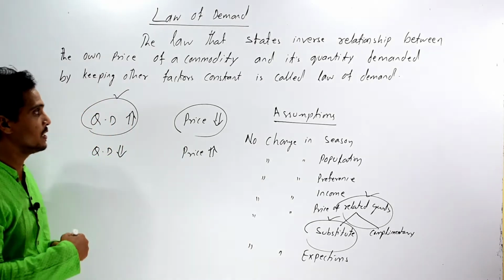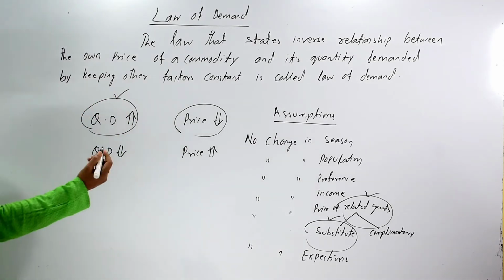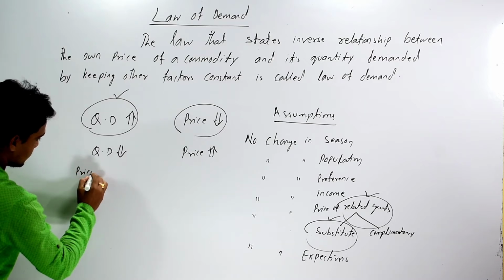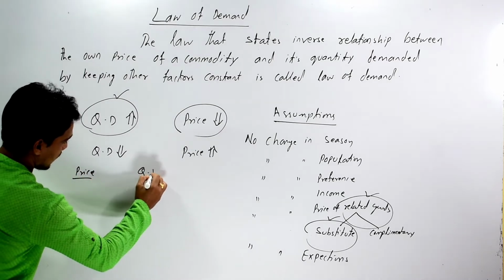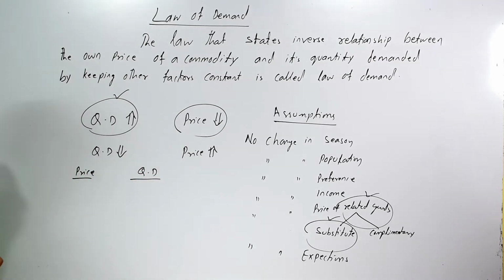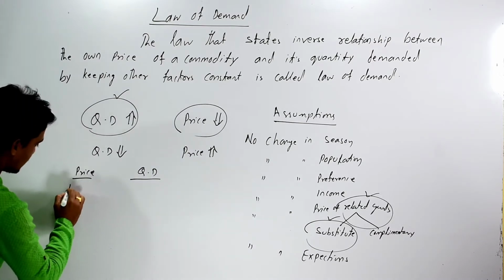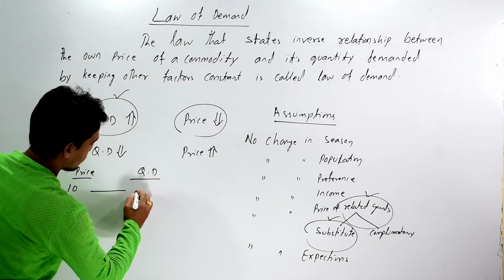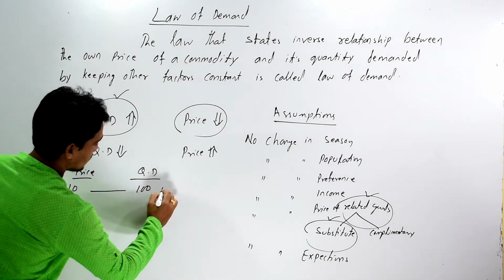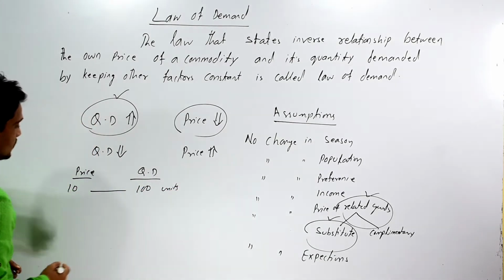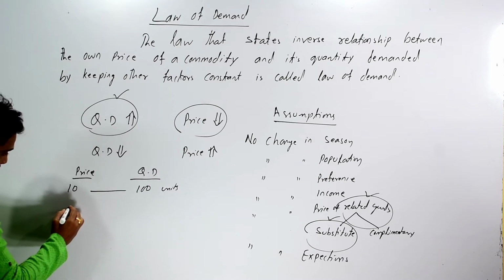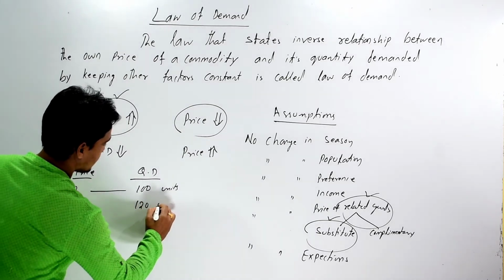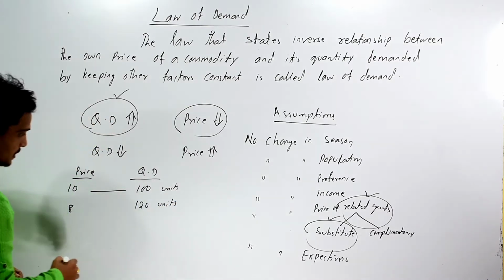Similarly, if we present our law of demand in a schedule form, that is price and quantity demanded. When the price is 10, the quantity demanded of a commodity is, suppose, 100 units. But when price decreases to 8, the quantity demanded increases to 120 units.